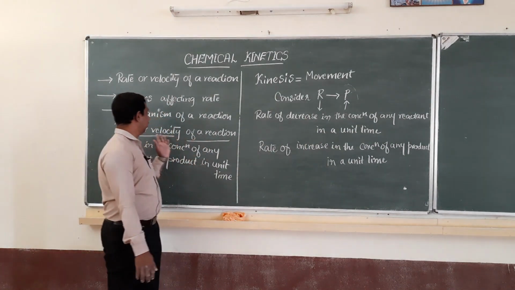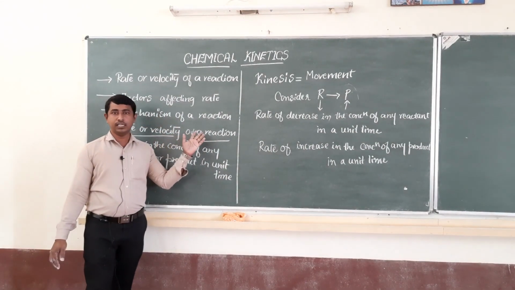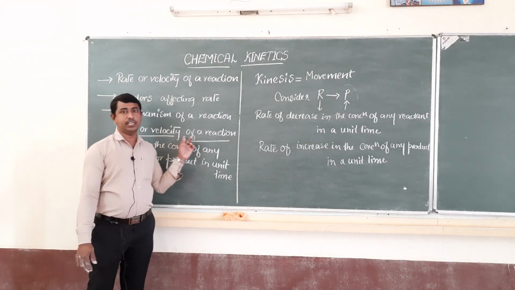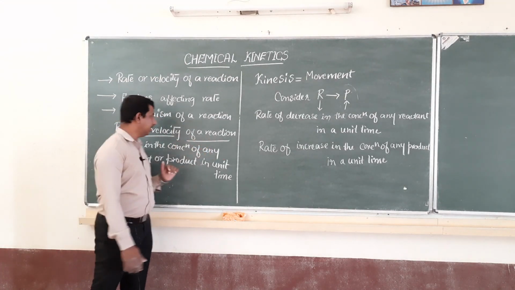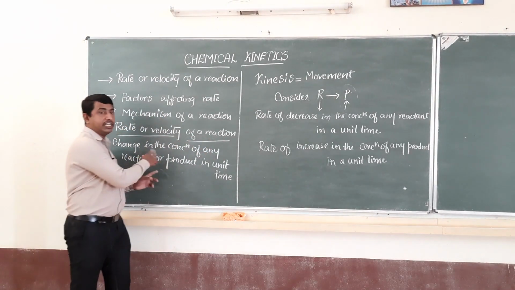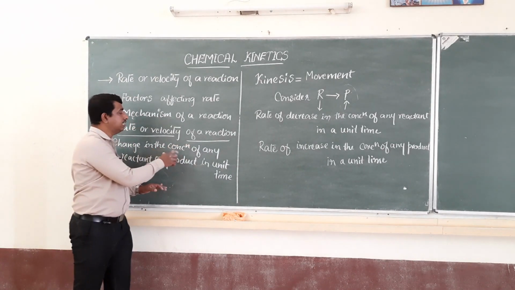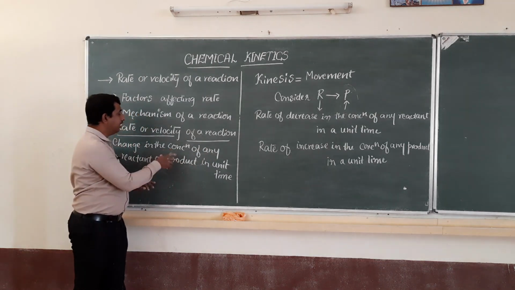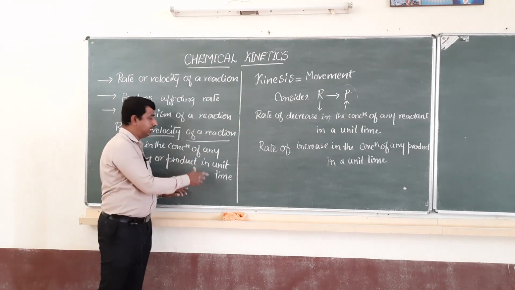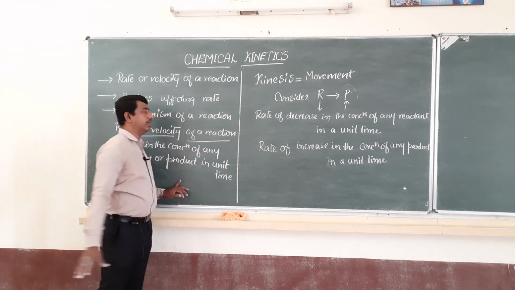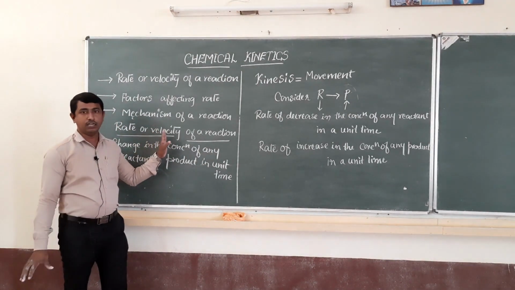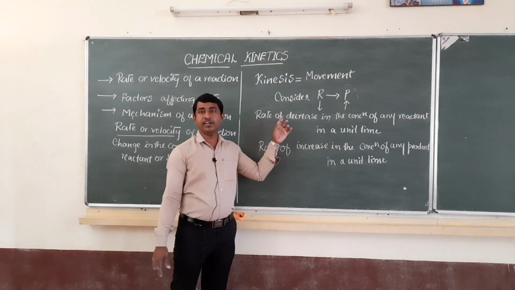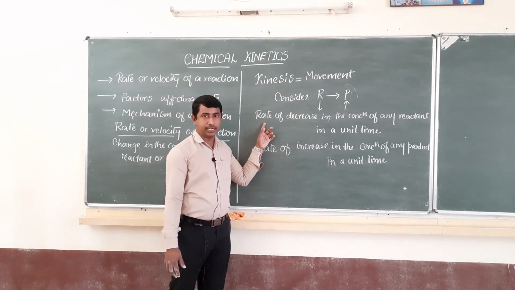We are studying the rate or velocity of a chemical reaction. For a given chemical reaction, it can be defined as the change in the concentration of any reactant or any product involved in the reaction with respect to unit time. We can define rate by taking a reactant as well as a product.